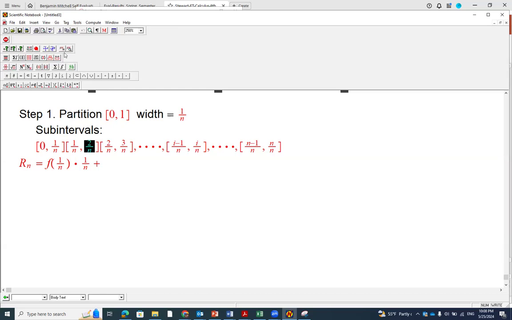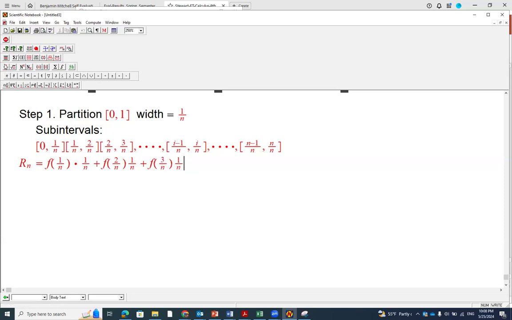The second interval, the right endpoint. So f of 2 over n, and the width is 1 over n. The third one, right, is f of 3 over n, and multiply the width.